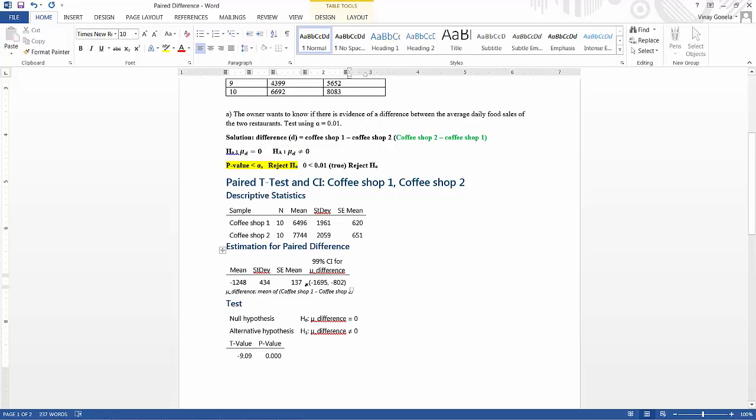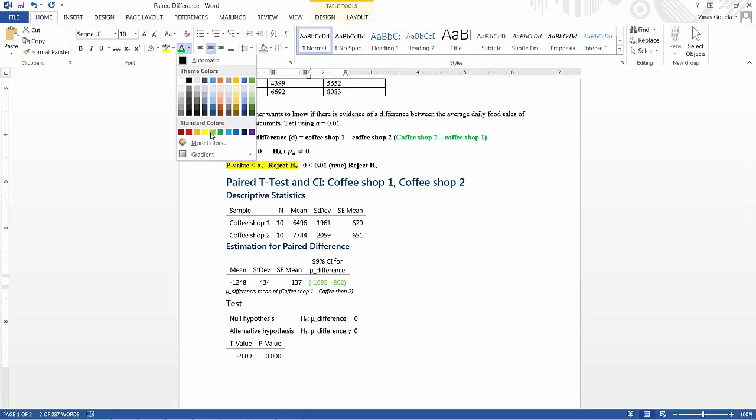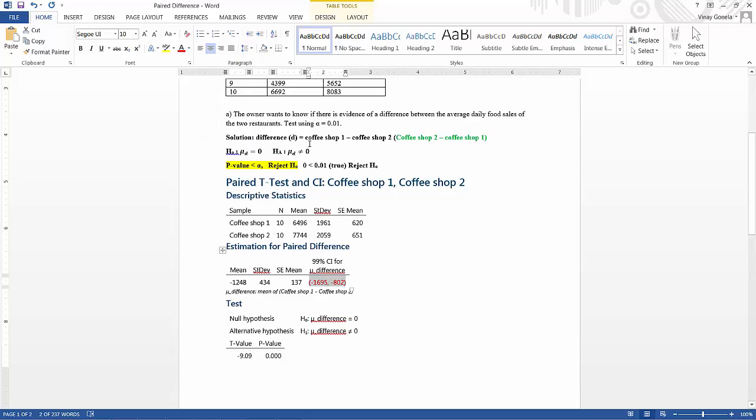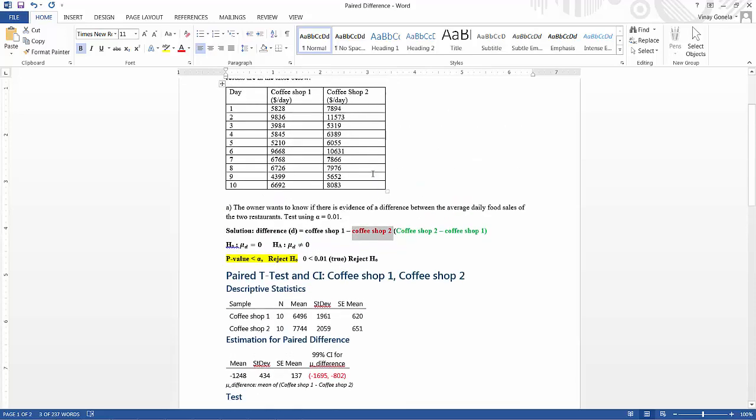So now if you see the confidence interval of the difference, both the values are negative. That means both the lower bound and upper bound are negative values. So if you do coffee shop 1 minus coffee shop 2, if both the lower bound and upper bound are negative values, that means coffee shop 2 must have higher sales dollars.